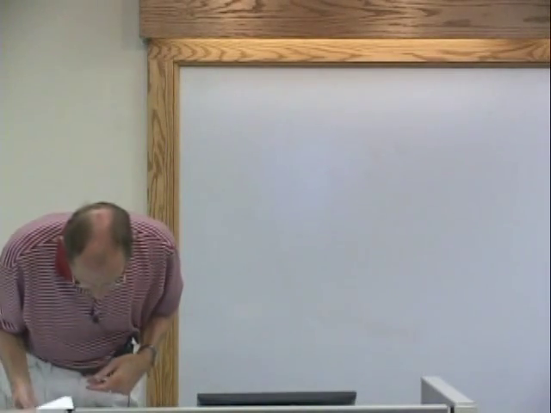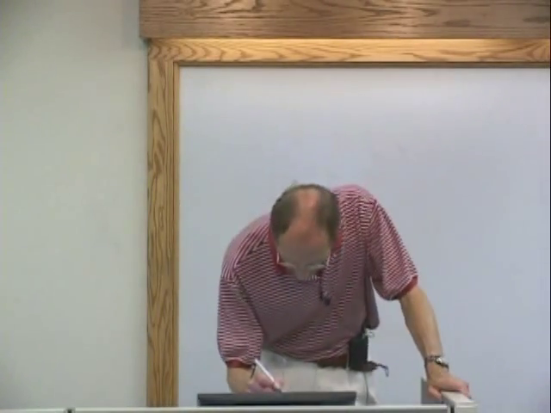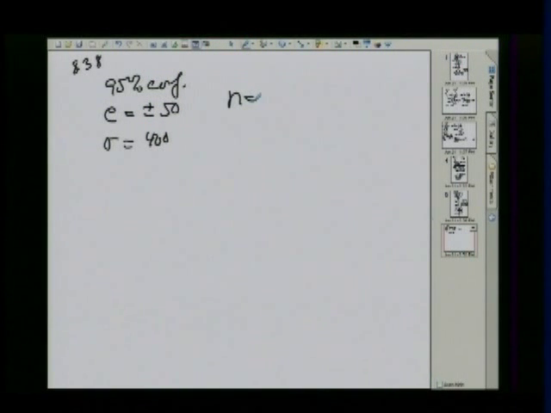Okay, so we're going to work this problem then, and what we're going to do is use the formula that we just had. N equals Z squared times sigma squared over E squared. I'll just write it down again. Z squared is 1.96.